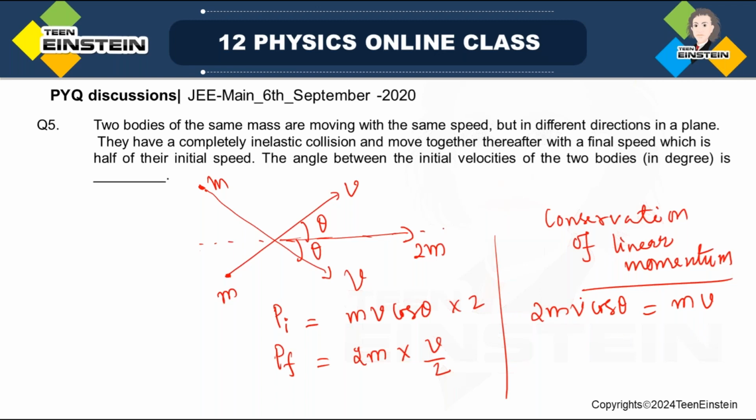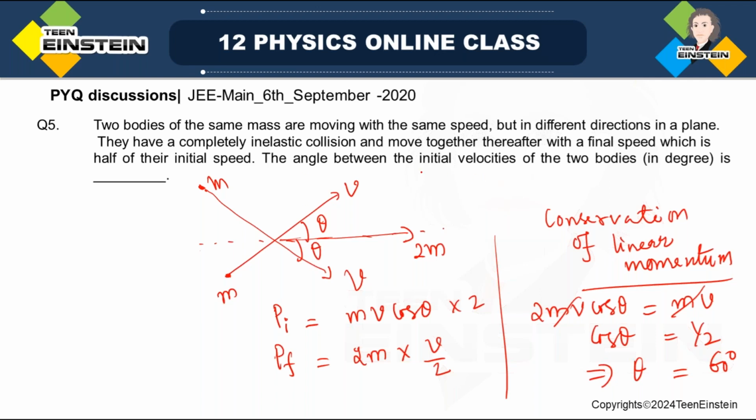So mv goes off, and cos theta is equal to half. This implies that theta is equal to 60 degree. This theta is 60 degree, and this theta is again 60 degree.